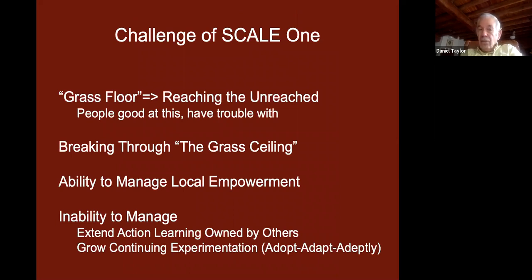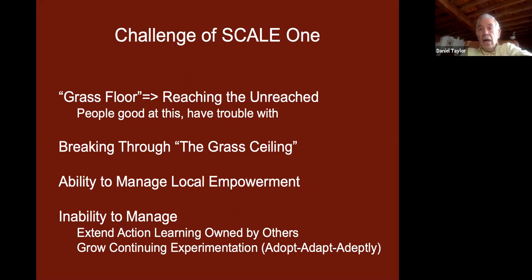Because the first problem is what my sister, as referenced in the chapter, who's an anthropologist, calls the grass floor. Many of you have heard about grassroots development. That's the rising up of the community. Community is the agent. Community is growing up. That's grassroots development. There's a grass floor, which is how to reach the unreached, how to reach into the roots of the grass.